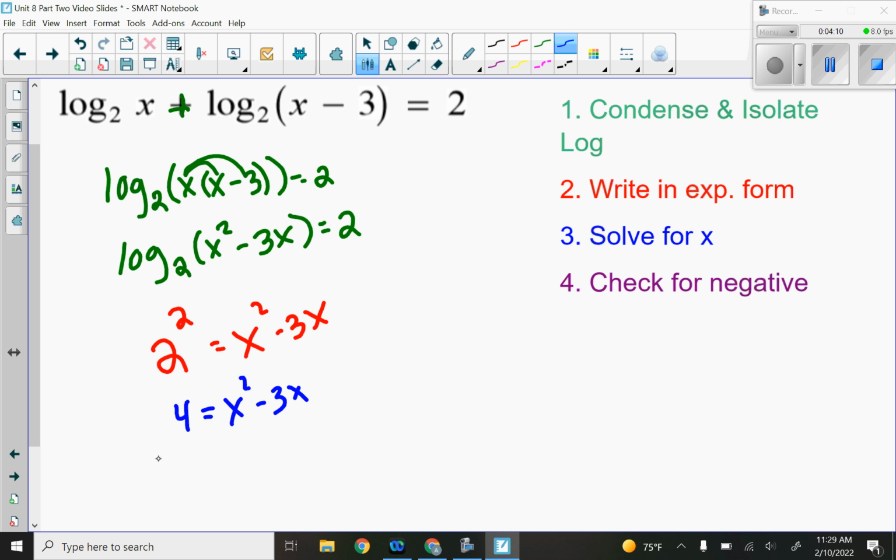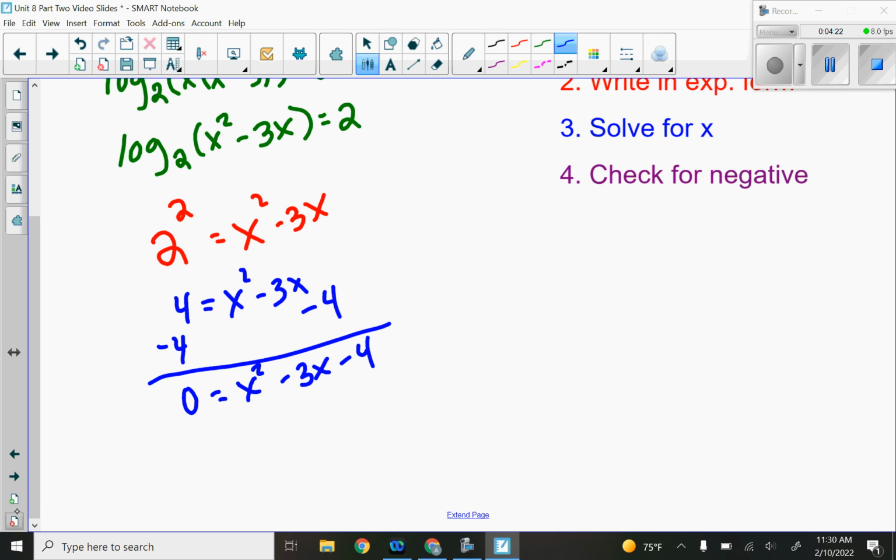And I can subtract that 4. 0 equals x squared minus 3x minus 4. And this factors to x minus 4 and x plus 1.